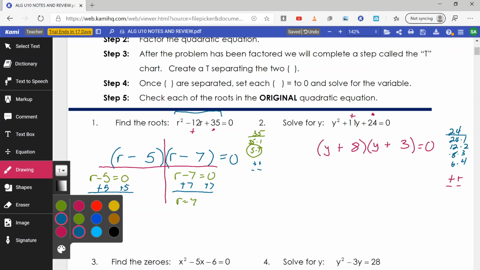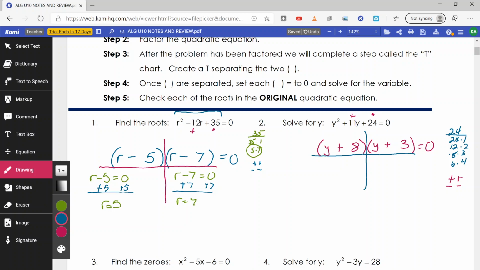Through multiplication, each set of parentheses will have to equal 0. So we make a t-chart, we separate them, and we make each parenthesis equal 0. So y plus 8 equals 0, and y plus 3 equals 0.